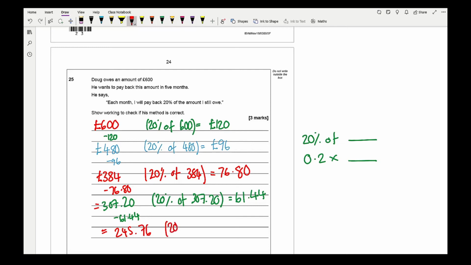So we've got the 5th month to pay. So 20% of 245.76 equals, and that's going to be £49.152.